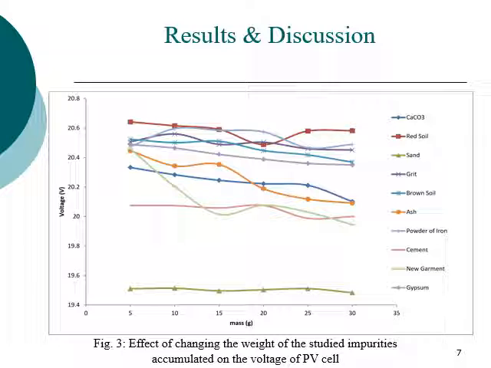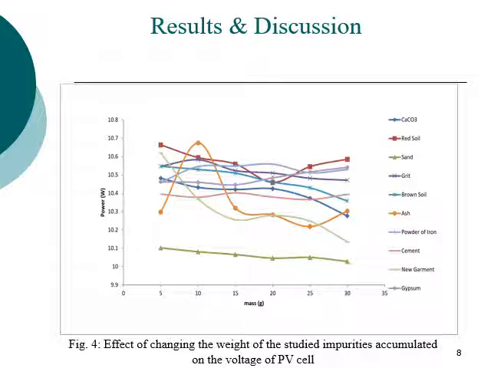Now multiplying current by voltage will give the power. This is the power. Again, it's clear that sand has the highest impact on the PV production. Now this problem of sand is clearly seen in the United Arab Emirates and in Saudi Arabia, but here in Oman it seems to have less impact because there is actually less sand, especially in the north.